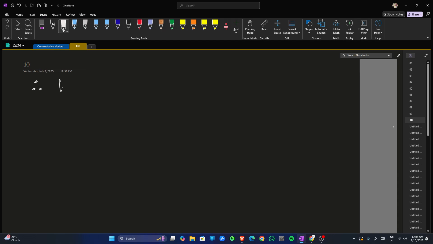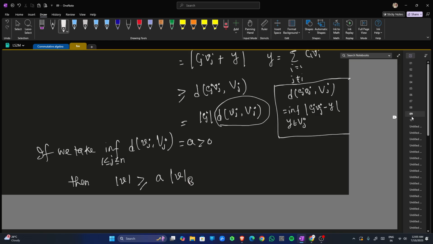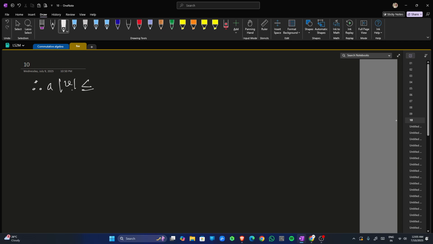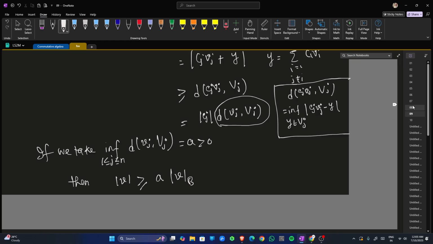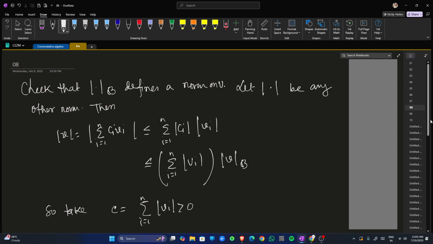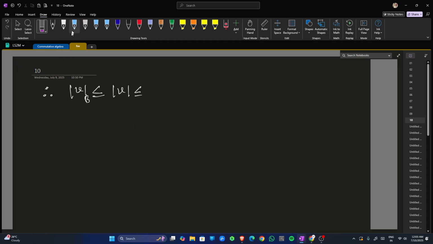Therefore, the norm, this is A. Now what we have? A times the norm of v is less than or equal to what I have. If it is A, then put it D here.